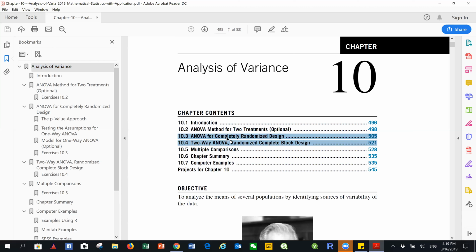Or vitamin level, high, medium, and low for daily intake, and so forth. So each level is a treatment.